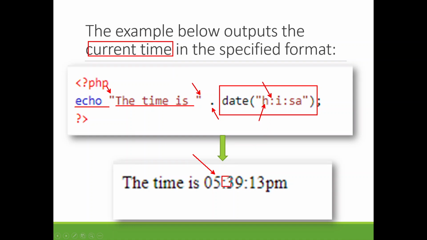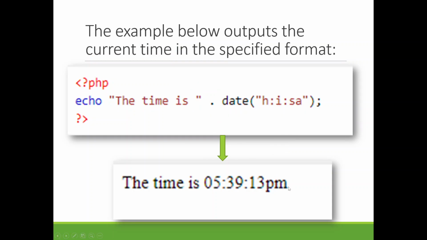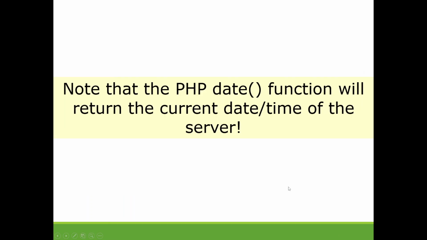You see, we have it here as a separator, and we also have it here. Then we also have this i to give us the minutes, then s to give us the seconds, then A to give us AM or PM. Depending on whether it's AM or PM, it's going to print it. So that's how we tell the time when we want to print it out in PHP.